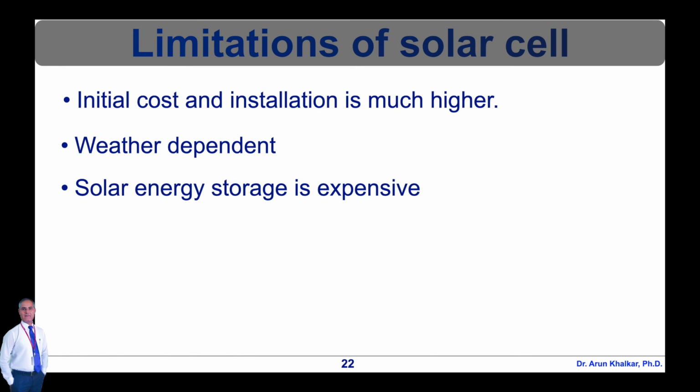Next one is that solar energy storage is expensive. Solar energy has to be used right away or it can be stored in large batteries. These batteries used in off-grid solar systems can be charged during the day so that the energy is used at night. This is a good solution for using solar energy all day long, but it is also quite expensive.